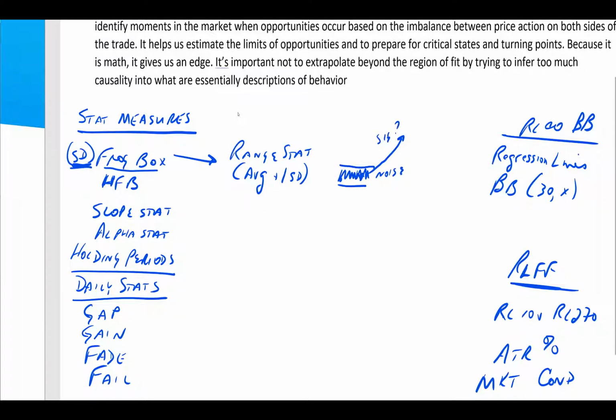Where can we draw that? How far up the stack does it have to go before we can say it has moved out of this noise box?